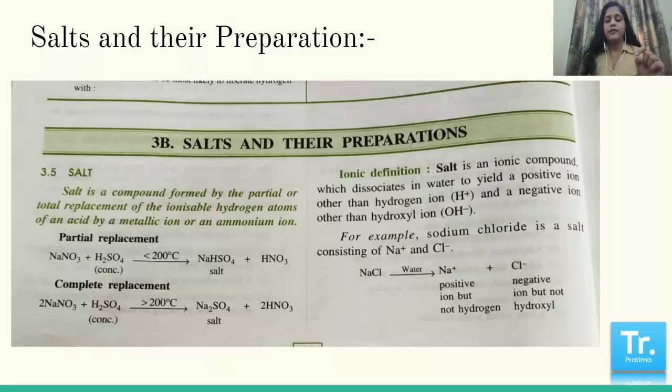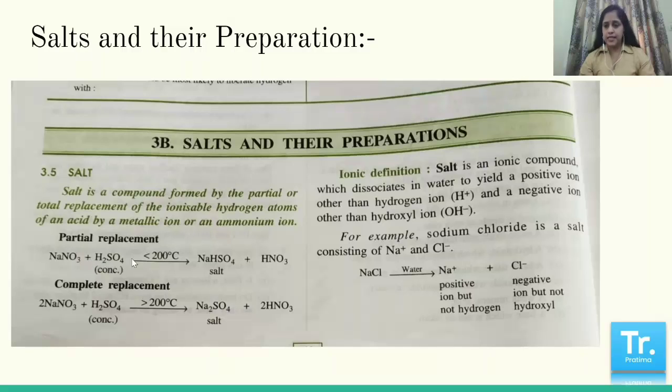So here the basic concept is that a compound which is formed by the partial or total replacement, partial and total we are going to do a little more in the further slides, of the ionizable hydrogen atom of an acid by the metallic ion or the ammonium ion. So this is the partial replacement.